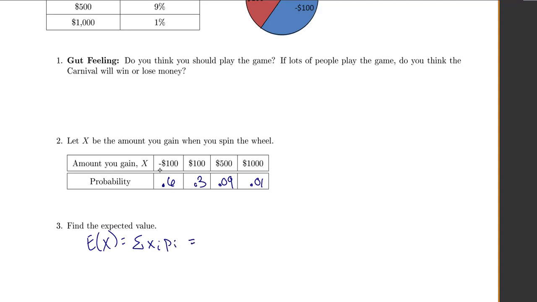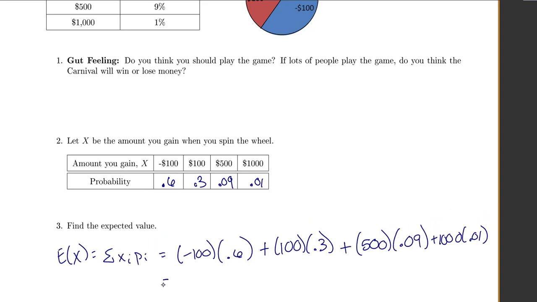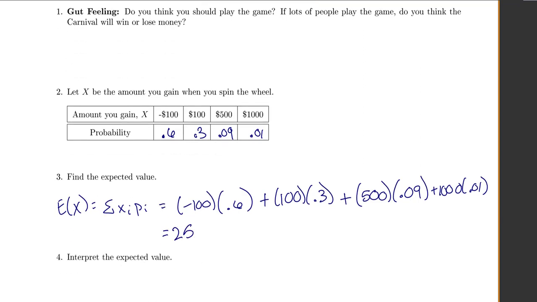My first x value is -100. Make sure you use that negative. So -100 times 0.6, plus my next x value is 100 and its probability is 0.3. My next one is 500, its probability is 0.09. And finally 1,000 times 0.01, which equals 25. So my expected value is 25.